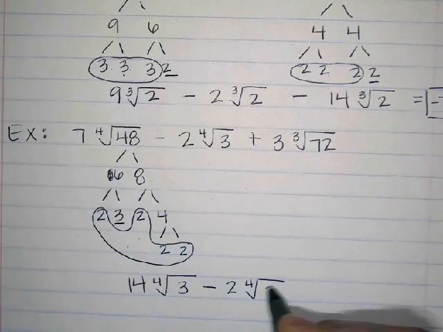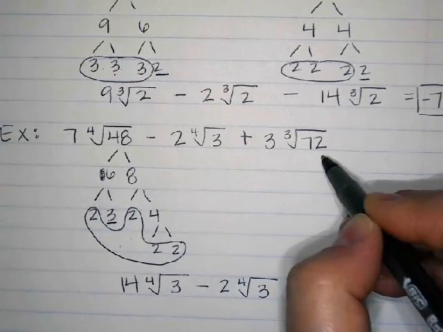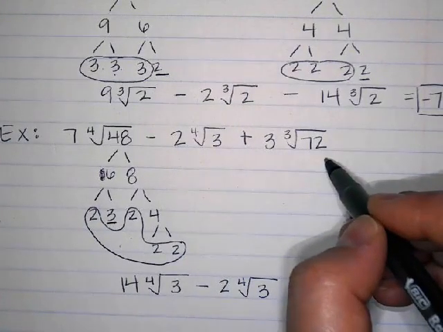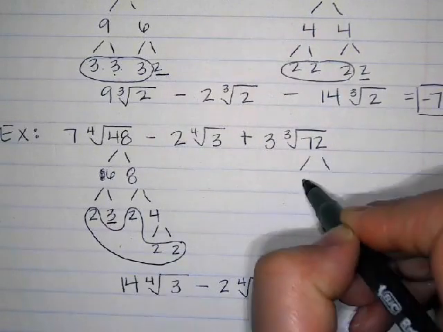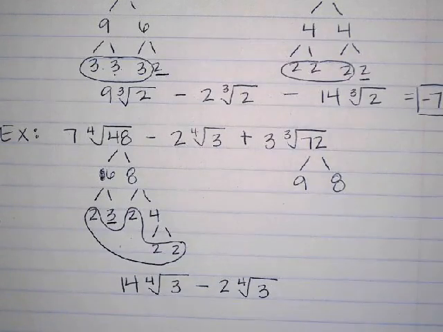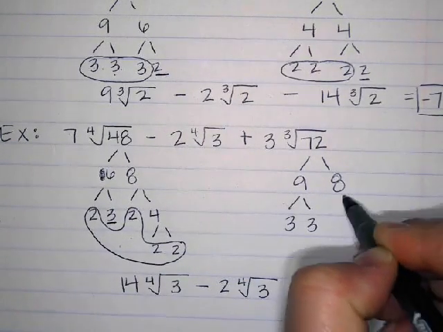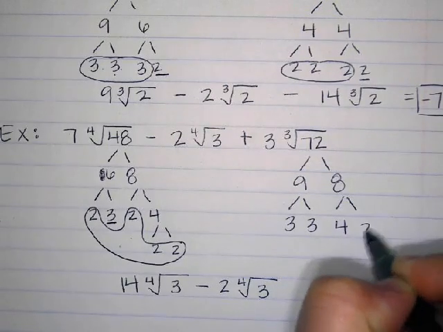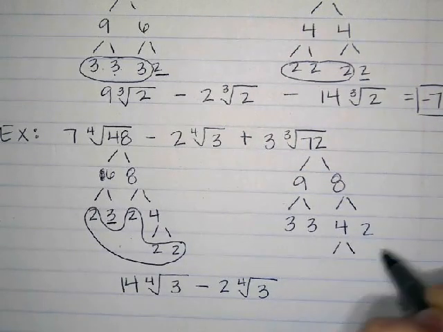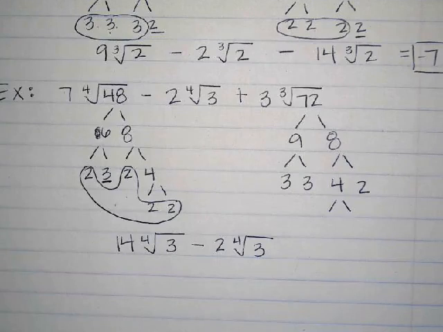Okay, and then what about over here? 9 and 8. Okay. 3 and 3. 4 and 2. 2 and 2.